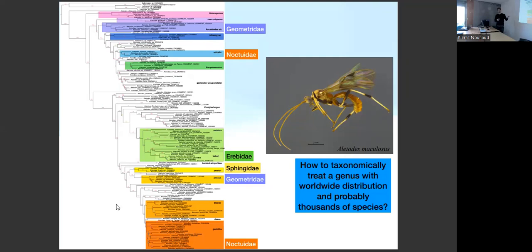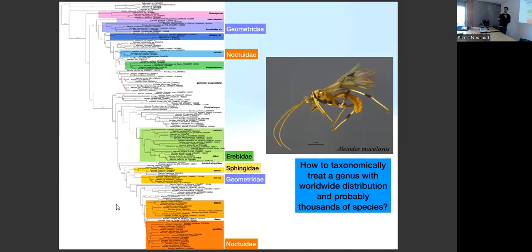This is only preliminary. We want to do it for all the tree. But I think the most important thing of this is to have these divisions of the genus. And why I think this is so important: because it's a huge genus, and the big genera are the genera where most of the diversity is, right? And people tend to run away from those genera because it's difficult to revise them.